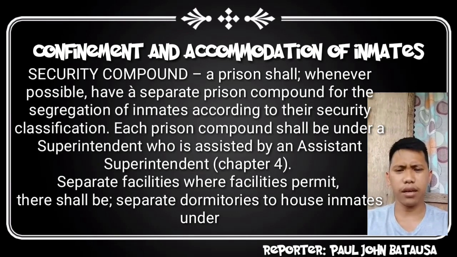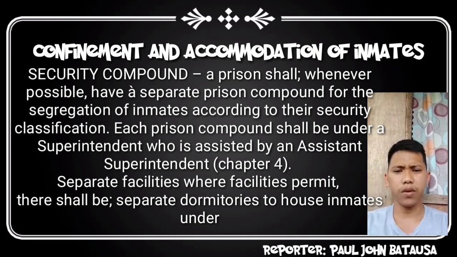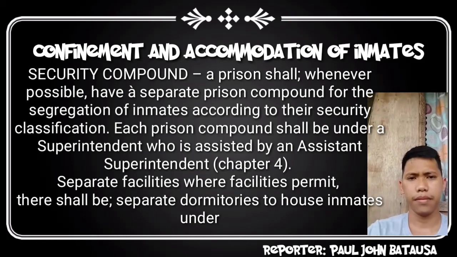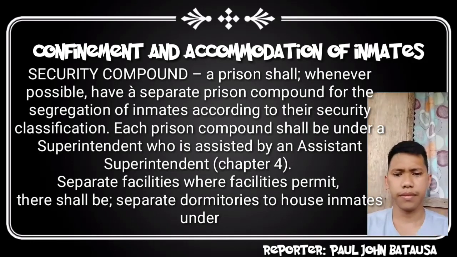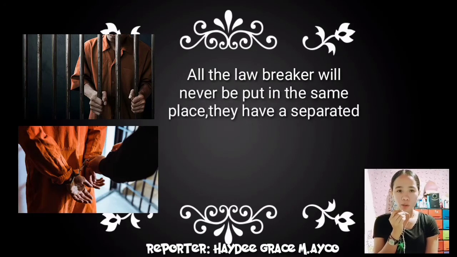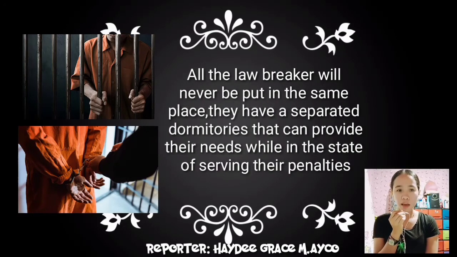Kinakailangan din ang pag-uuri para sa anumang magkakaugnay na pagpaplano sa hinaharap. All the lawbreakers will never be put in the same place. They have separated dormitories that can provide their needs while serving their penalties.